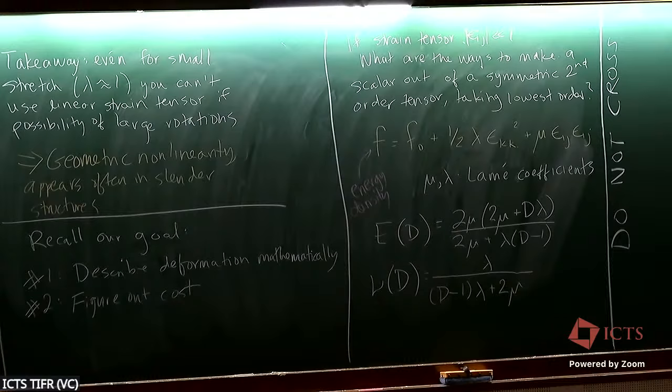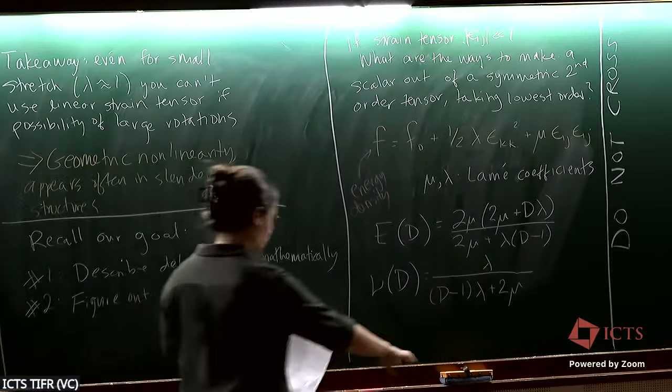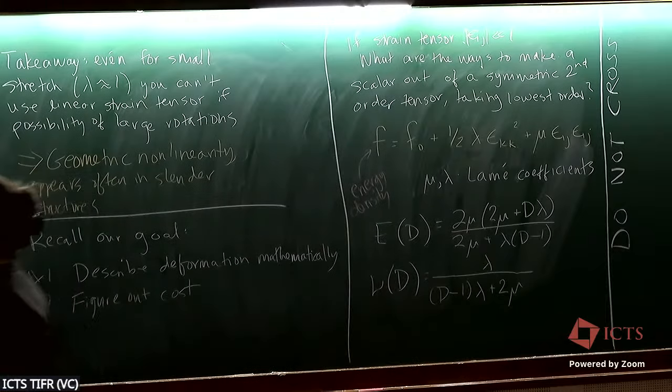And then the last thing I think I'll have time to tell you is, what do you do if the strain is not small? So I'm going to erase this panel, and I'm going to use what we derived just to its left.